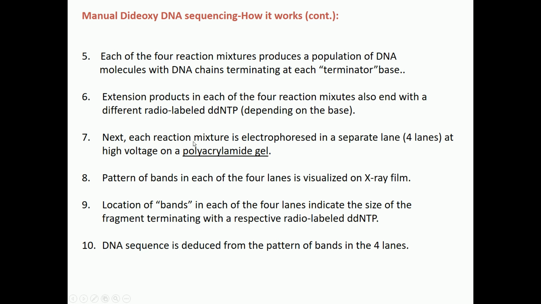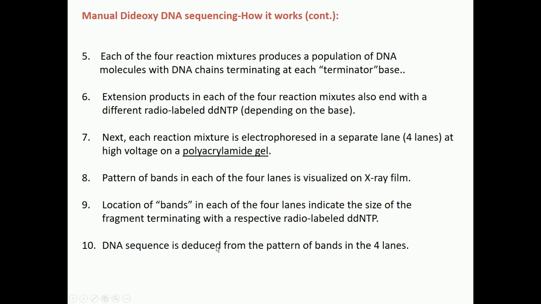So next, each reaction mixture from the 4 tubes is electrophoresed in separate lanes at high voltage on a polyacrylamide gel. Pattern of bands in each of these 4 lanes is visualized on X-ray film. Location of bands in each of the 4 lanes indicates the size of the fragment terminating with the respective radiolabeled dideoxy nucleotide.